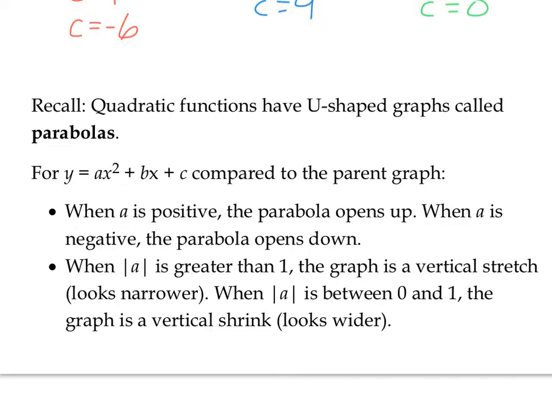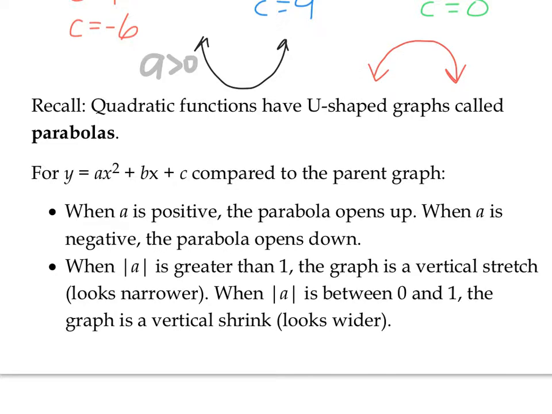So if we have a standard y equals x squared, something like this, if our a value is positive, it opens up. This would be an a is greater than 0. And if we have an a value less than 0, that's negative, it's going to open down.